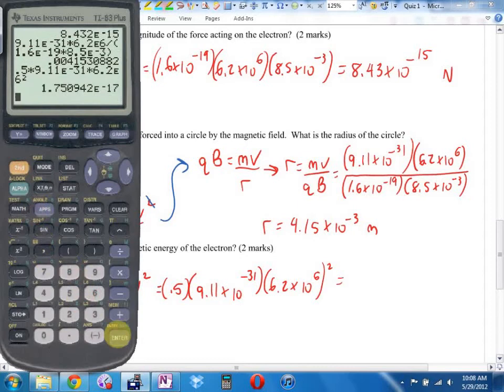You get 1.75 times 10 to the negative 17, or did I type that wrong?